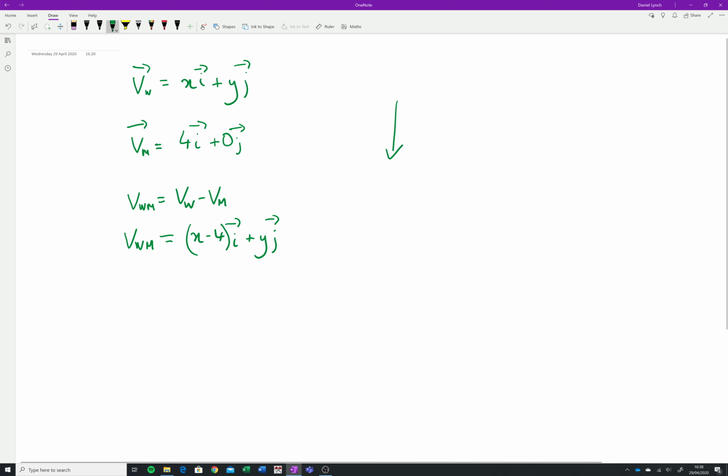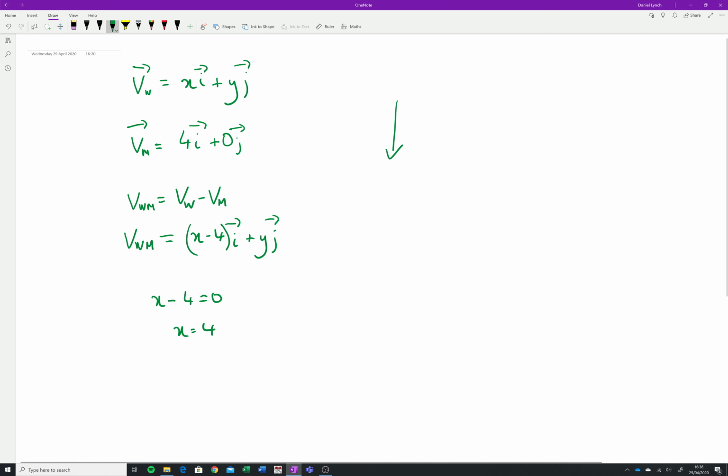So if it's coming from the north, there's no i component, there's only a j component. Since there's no i component, x minus 4 is equal to 0, and we get that x is 4. That just pops straight out. It's not always quite so simple as that. That was the first bit of information that we were given.